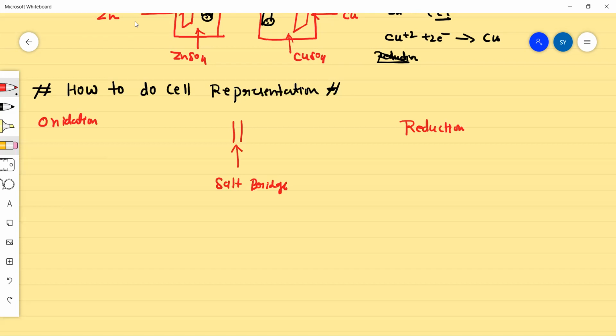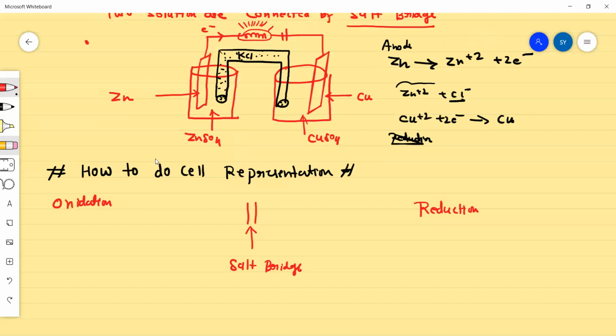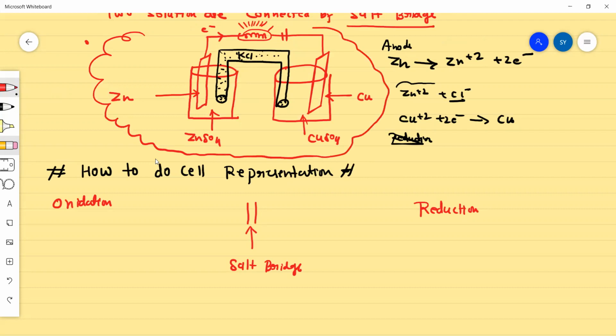Now, if I want to write down the cell representation for this particular cell, how does it look? See, the oxidation is happening for the zinc, so zinc has to be on the left-hand side, and zinc is in the form of solid.